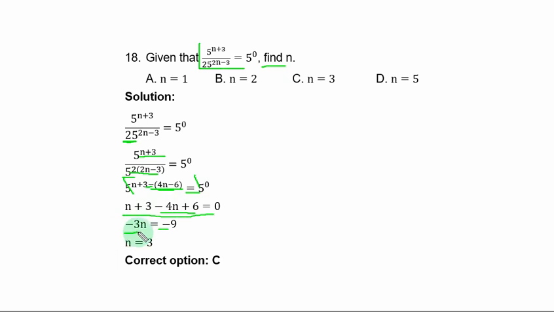Divide through by minus 3, n is equal to 3. You can well follow this approach. 5 power 0 is 1. Then you cross multiply and also express to base 5, the common base to 5 and 25. If you do that, you will have n equal to 3. That means C is the correct option.